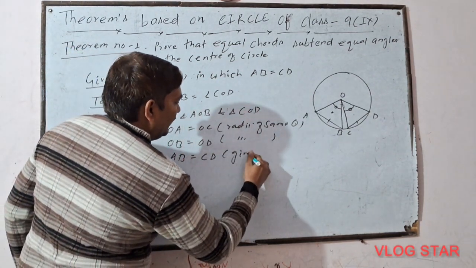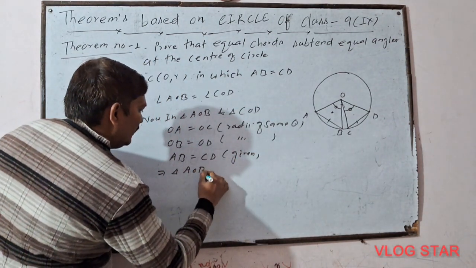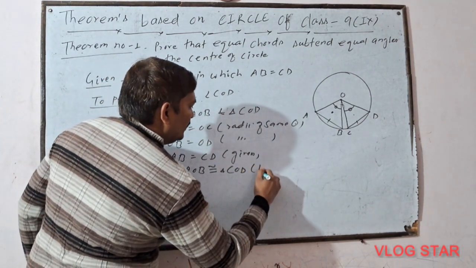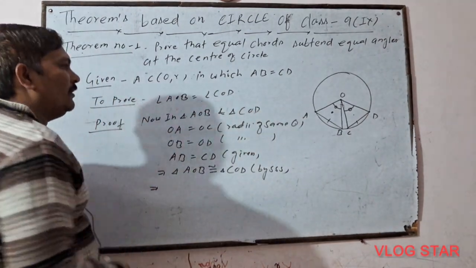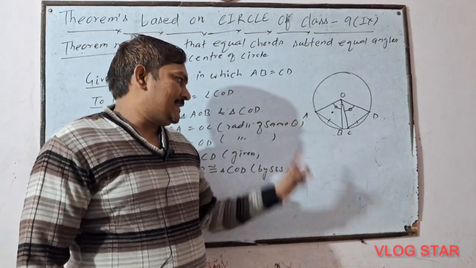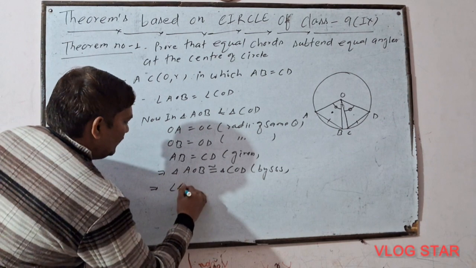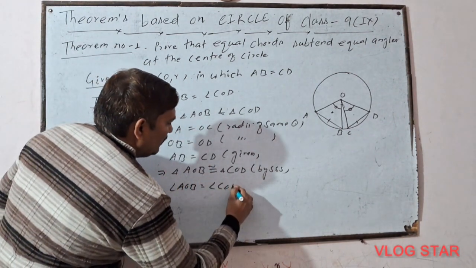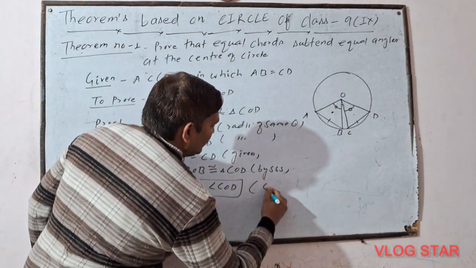This is given. This implies that triangle AOB is congruent to triangle COD by SSS congruency. When two triangles are congruent, then their corresponding sides and corresponding angles will be equal. This implies that angle AOB equals angle COD, reason: by CPCT.